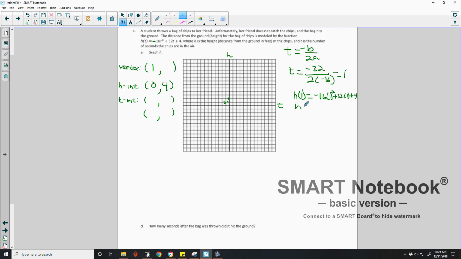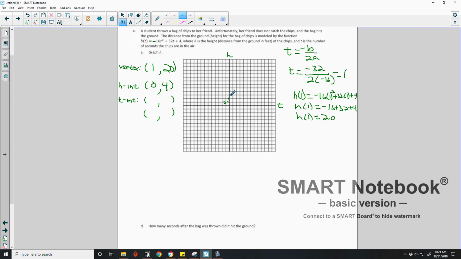So my h of 1 equals 1 squared is 1 times negative 16 is negative 16, plus 32 times 1, which is 32, plus 4. Well, negative 16 plus 32 is positive 16, plus 4 is 20. So my vertex is the point 1, comma 20.